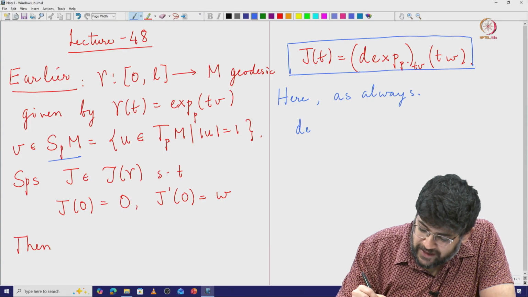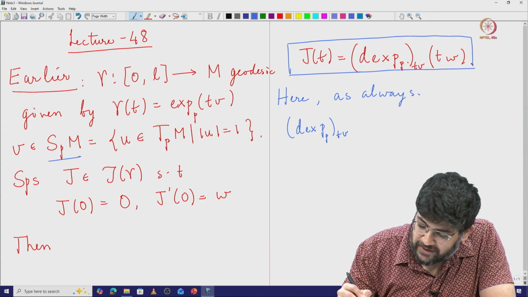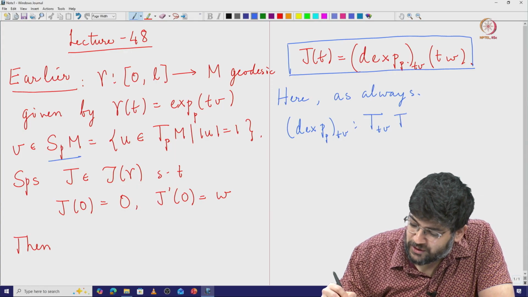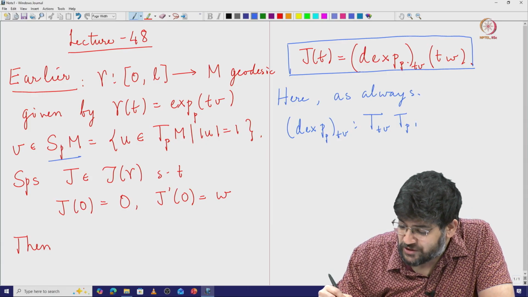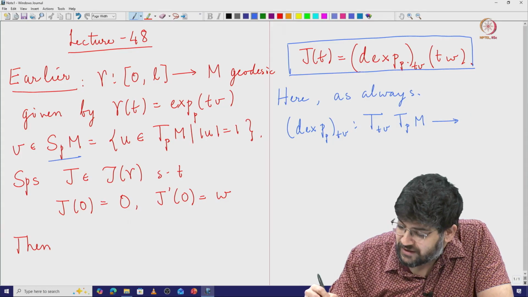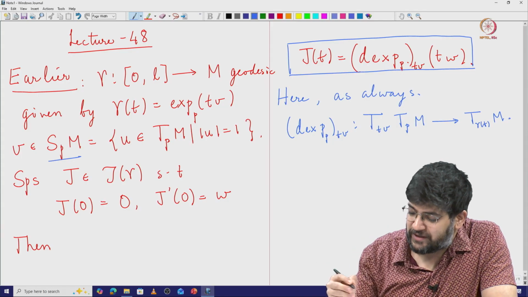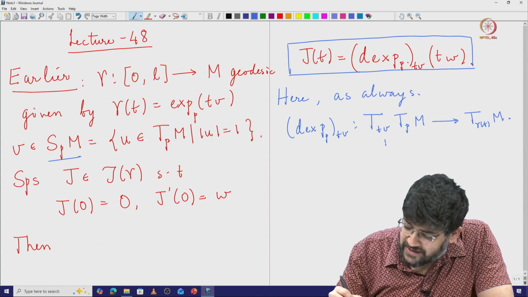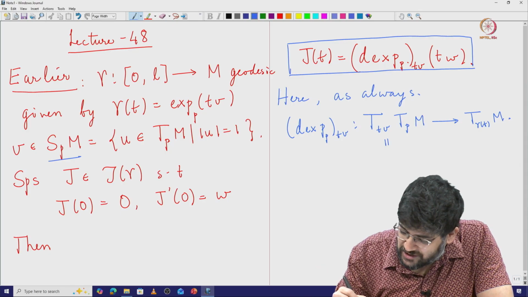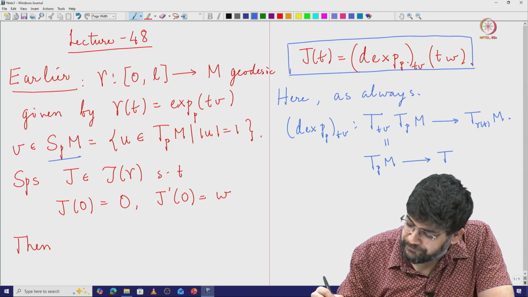recall that the derivative of the exponential map at this point tv is basically a map from the tangent space to TPM at this vector tv to the tangent space to M at the point gamma of t, right. And the idea is that because TPM is a vector space, we identify this with TPM, okay.